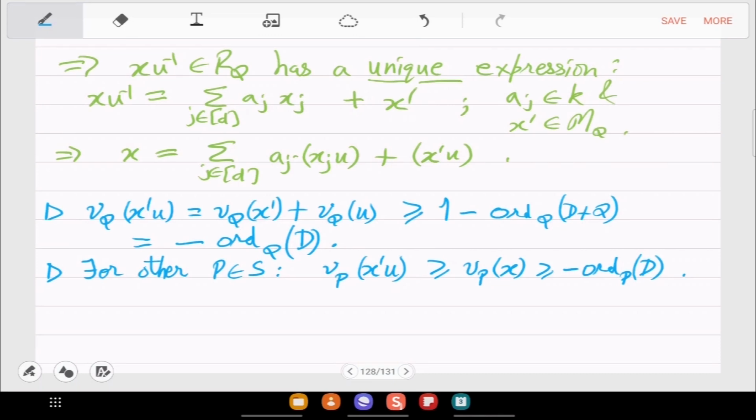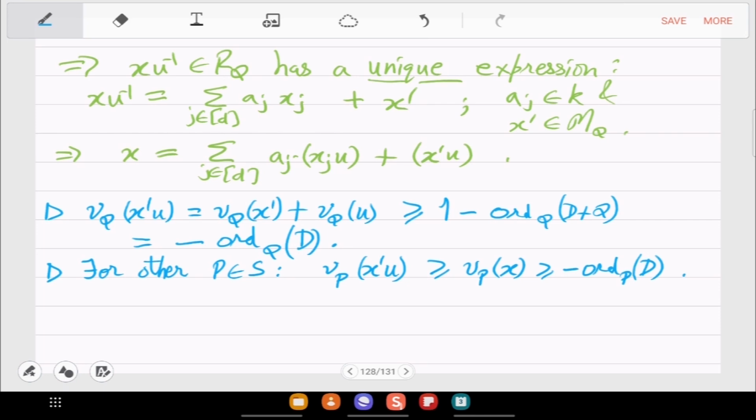How do I do the middle step? V_p of x prime is greater than or equal to 0, and what is V_p of u? No, we have not said anything.